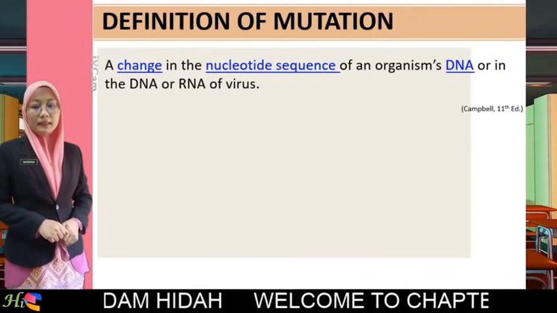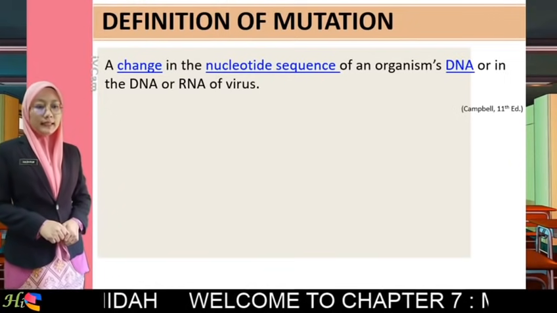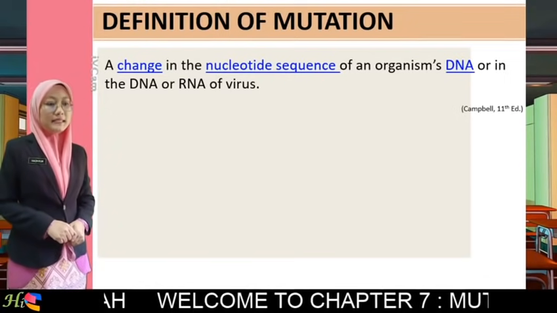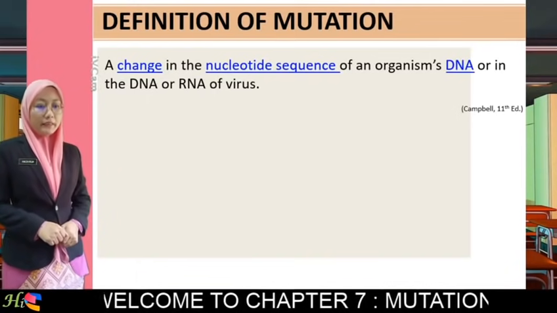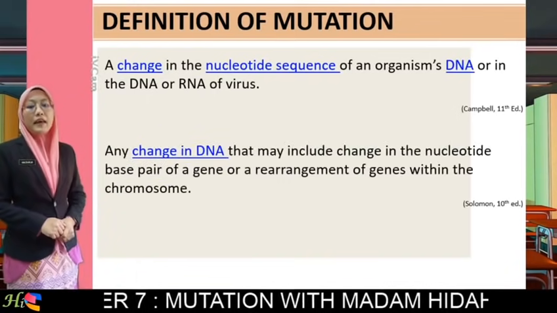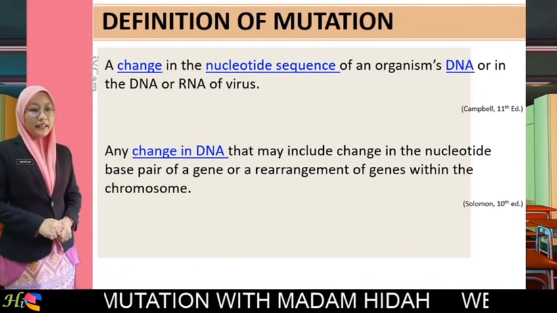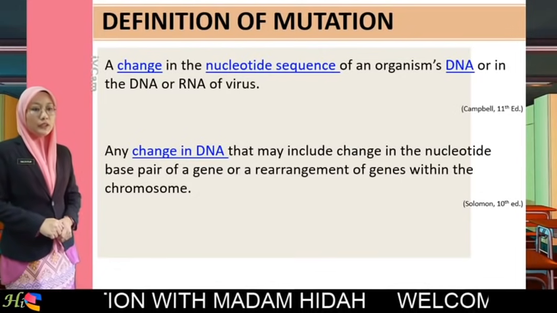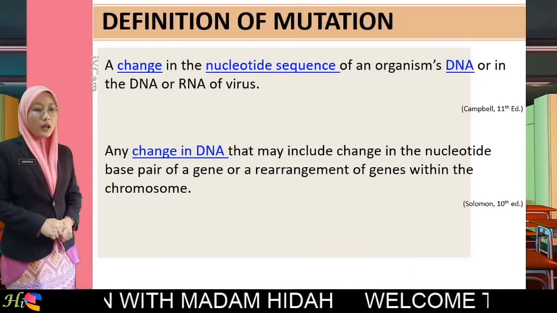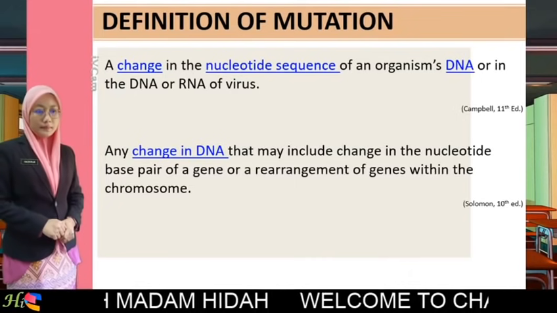According to Campbell, mutation is defined as a change in the nucleotide sequence of an organism's DNA or in the DNA or RNA of virus. However, as stated in Solomon, mutation is defined as any change in DNA that may include change in the nucleotide base pair of a gene or a rearrangement of genes within the chromosome.